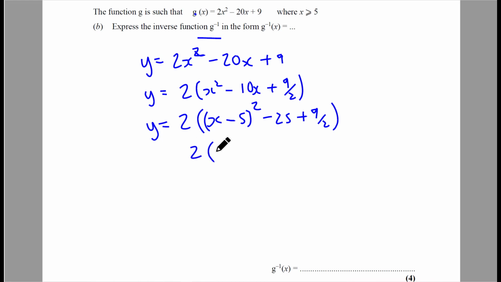We're going to get 2 times x minus 5 squared minus 25 plus 9 over 2, that's plus 4.5, so it's minus 20.5.